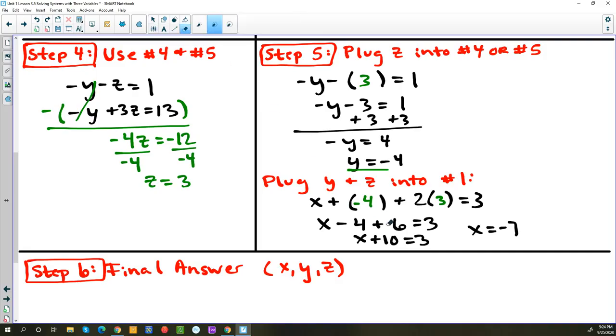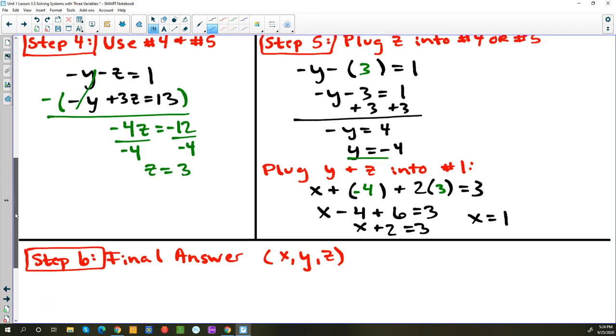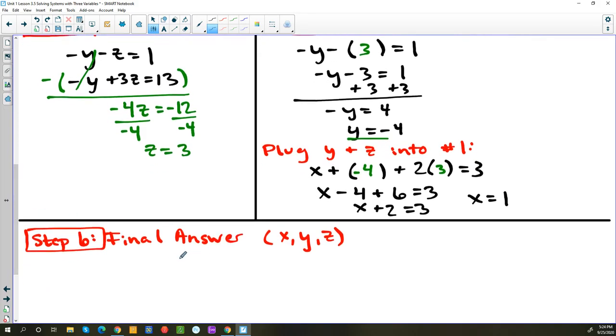So instead of this being 10 and negative 7, we have a positive 2 and a 1. Okay, now that I've made my correction, final answer is 1, comma, negative 4, comma, 3.